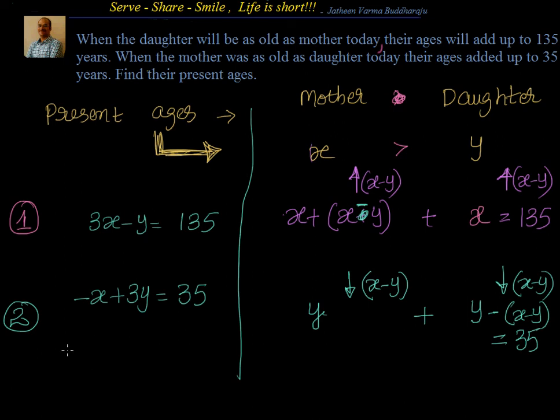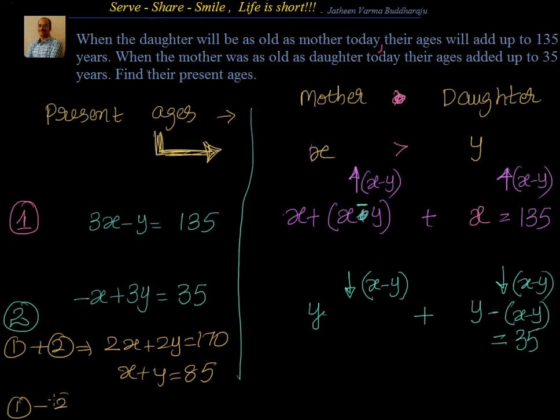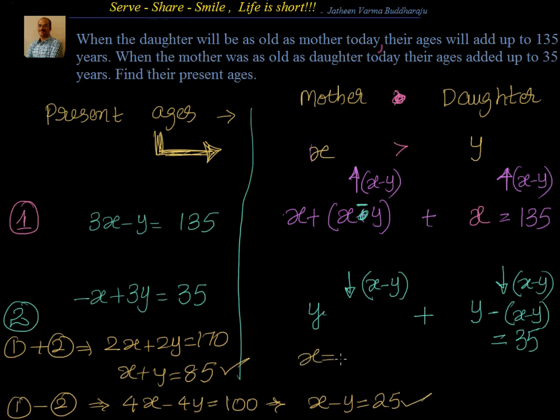What we will do is add 1 and 2. 1 plus 2 will give me 2x plus 2y equal to 170, or I get x plus y equal to 85. Similarly, 1 minus 2, if I subtract, I will have 4x minus 4y is equal to 100, or that will give me x minus y equal to 25. Now you know x plus y is 85, x minus y is 25. You simplify that, you will get x equal to 55 and y equal to 30.